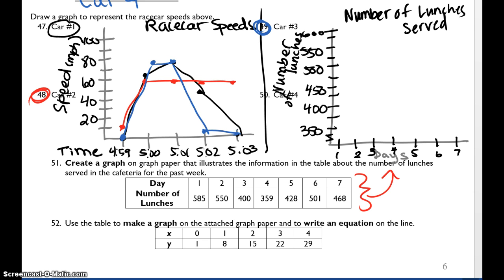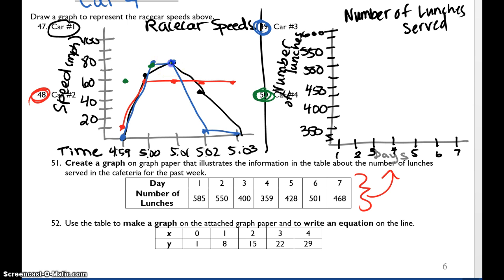That's fine. Now, for car 4, I'm going to be using green. Car 4 starts at 60, so it's out of the gate really quick. Next one's about 74, just like our blue car, car number 3.